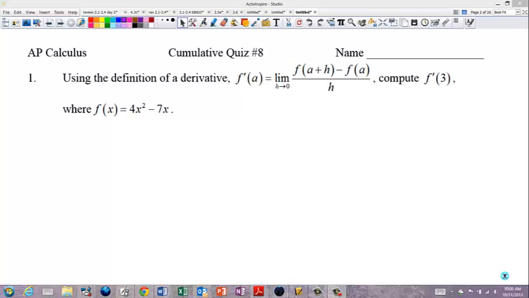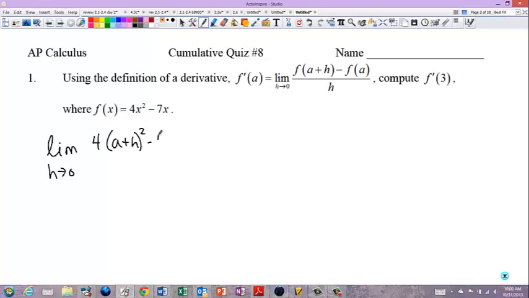The first one says, using the definition of the derivative, the limit, compute f prime of 3. Remember, it's the limit as h approaches 0 of f of a plus h, which means you fill in a plus h everywhere there's an x, minus f of a.